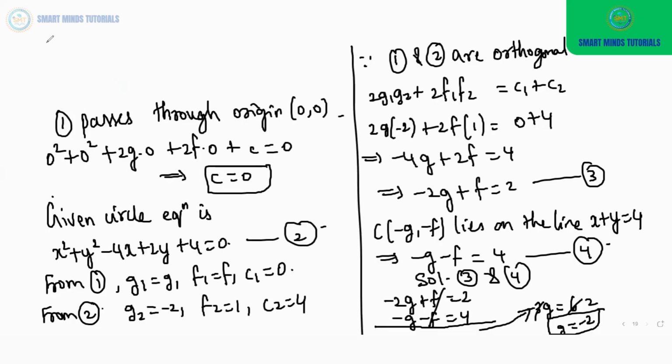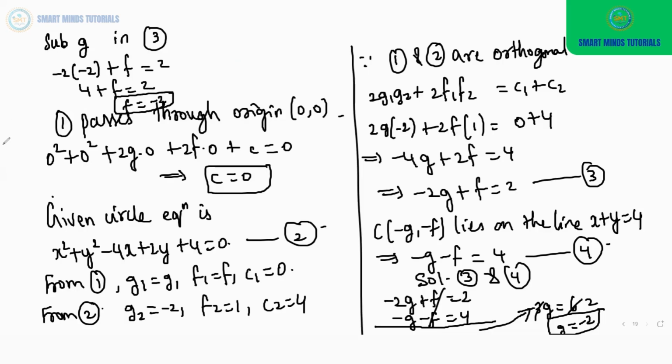So substituting g in equation number 3, minus 2 into minus 2 plus f is equal to 2. 4 plus f is 2. f is equal to minus 2. You got g and f both as minus 2.